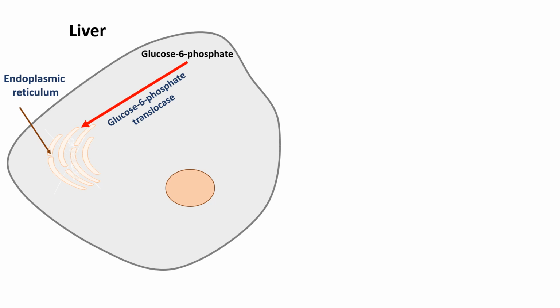In the endoplasmic reticulum, this compound, glucose 6-phosphate, will be converted into a free glucose again. And this is supported by the action of the glucose 6-phosphatase enzyme. فهذا الإنزيم موجود بالاندوبلازميك ريتيكولم، وذلك يتم نقل الجلوكوز 6-phosphate إلى داخل الاندوبلازميك ريتيكولم حتى يتم تحويله إلى free glucose.